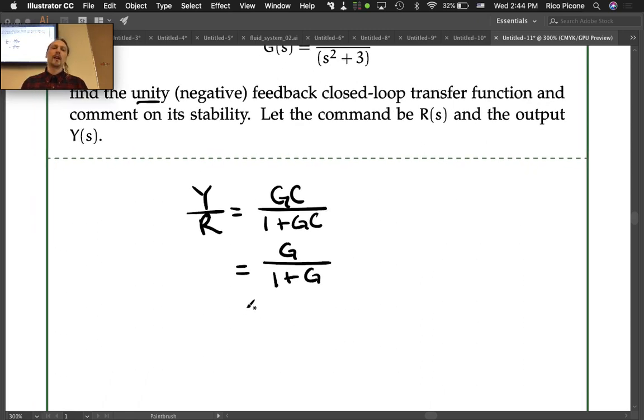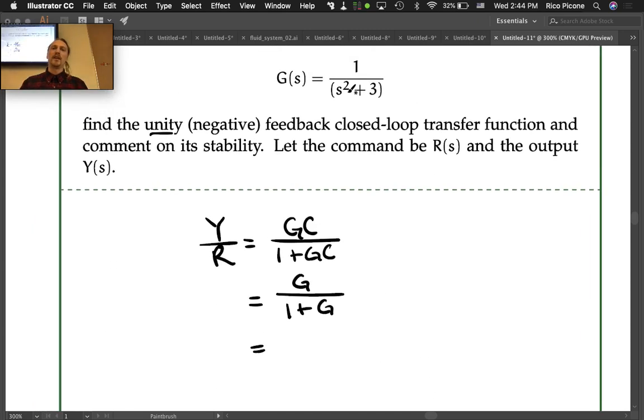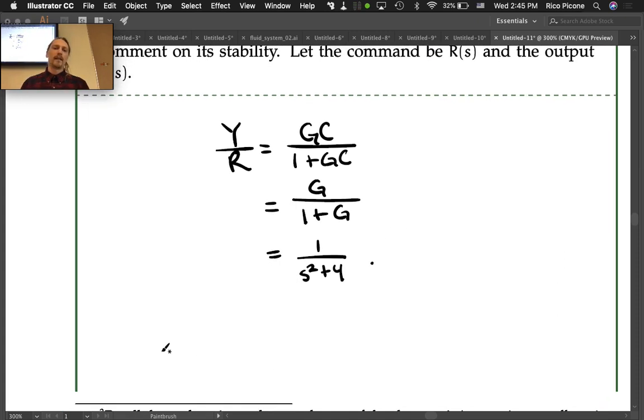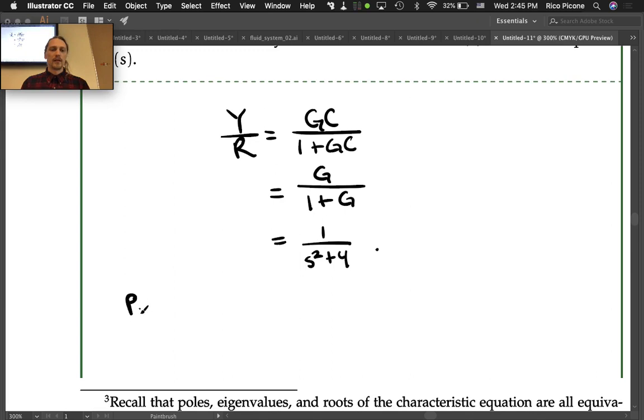Now, if you plug in the G that's given, it reduces down to 1 over s squared plus 4, which has poles that are easily found by setting the denominator equal to 0. So I'll say p squared plus 4 equals 0. I'll just plug in p for s just to say these are going to be our poles.